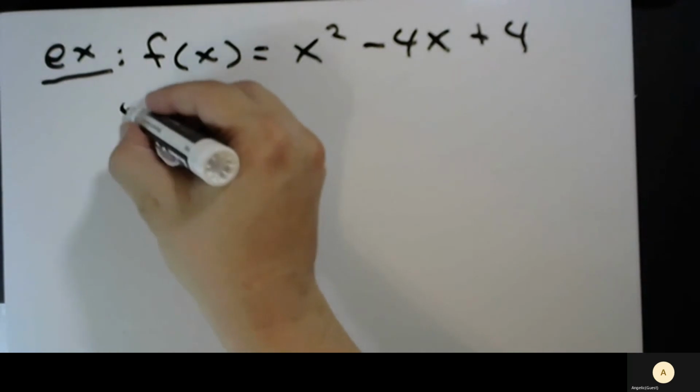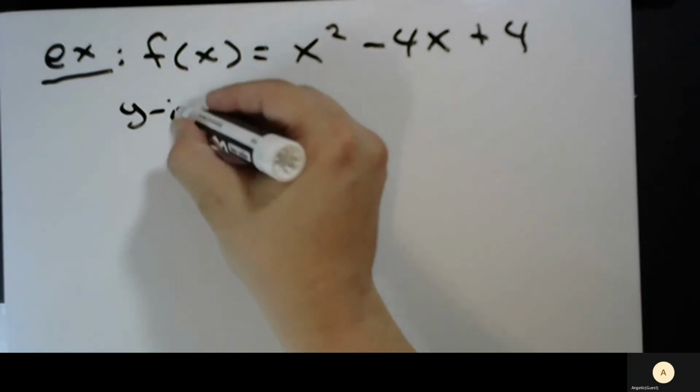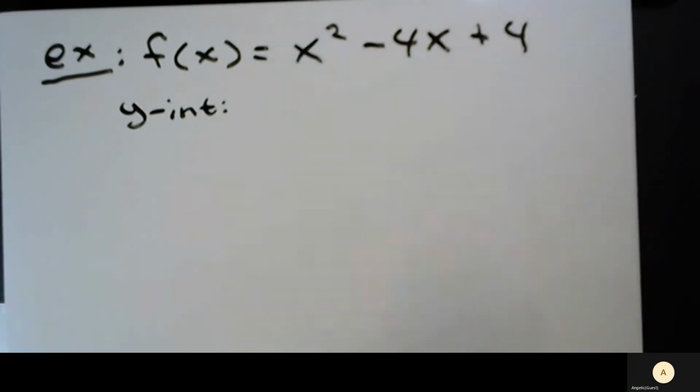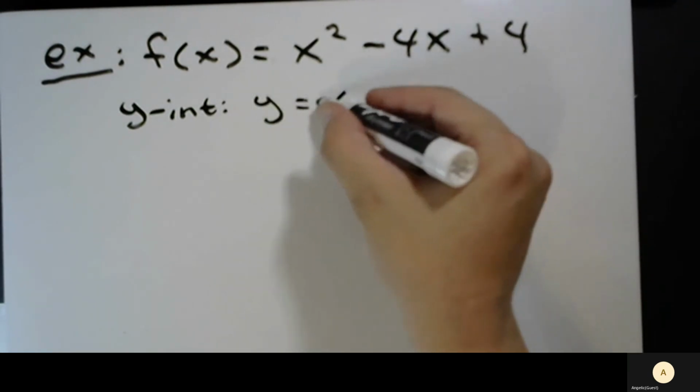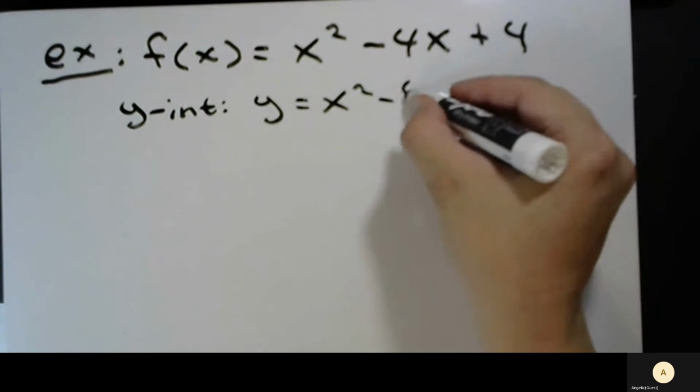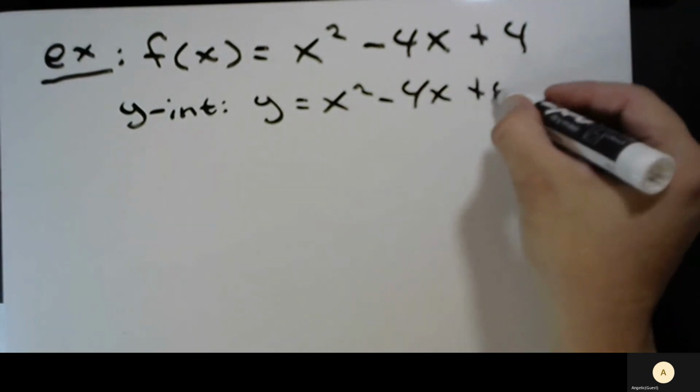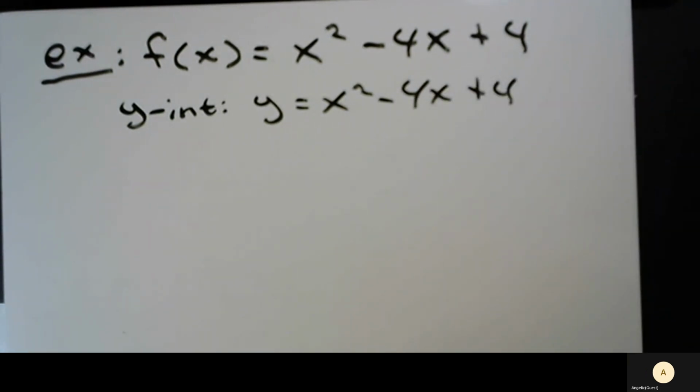So again, let's look for the y-intercept. To find the y-intercept, we're going to let x equal 0 and solve for y.